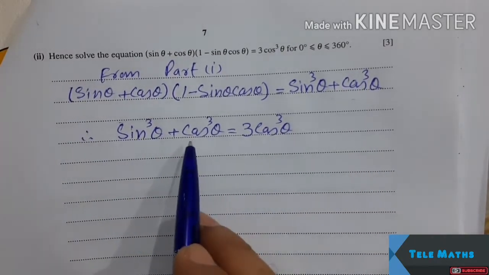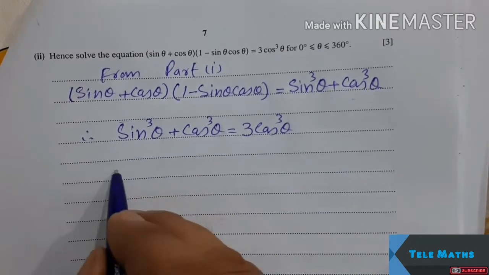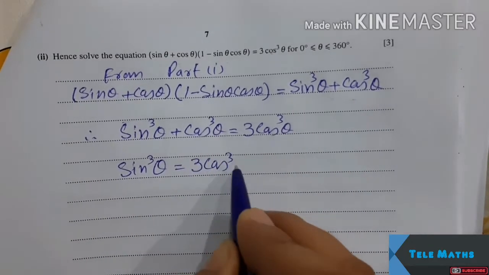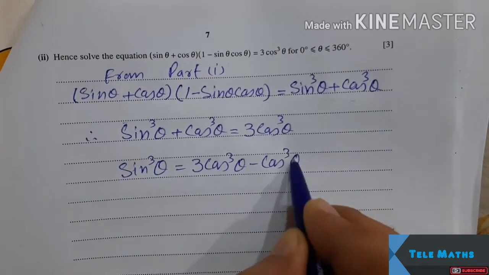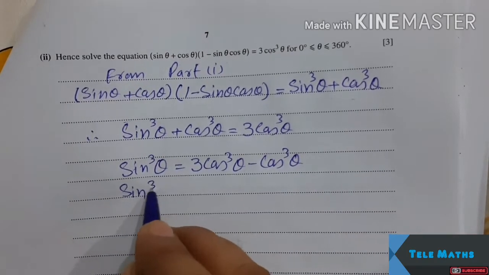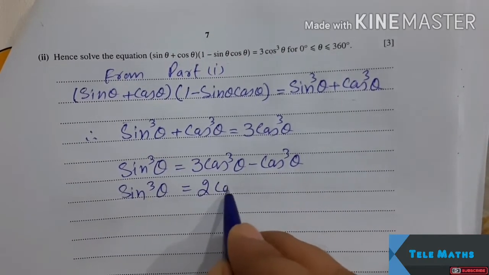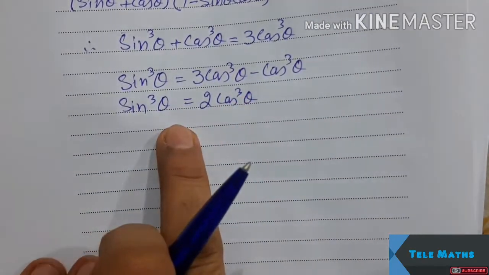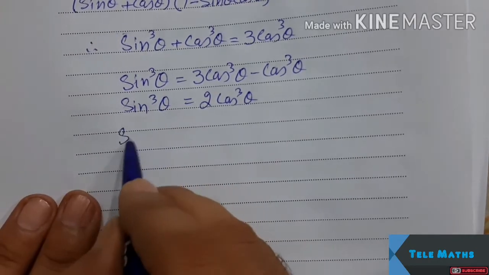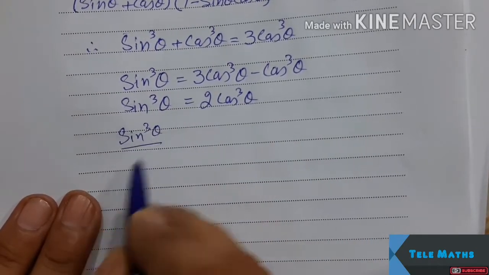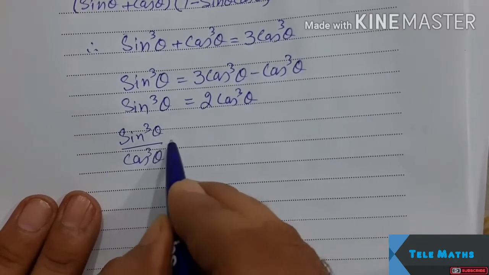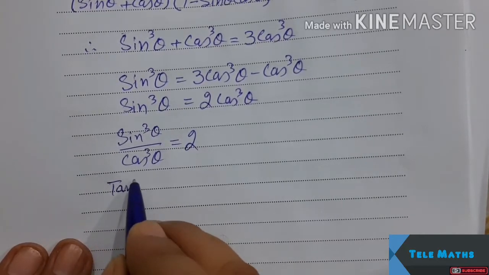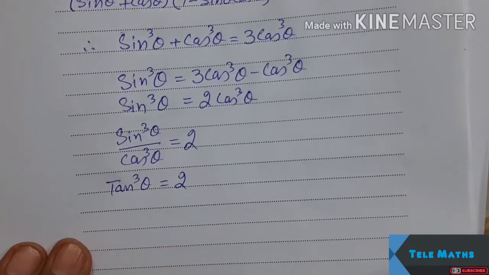Now take cos cube theta on the other side. It will become sine cube theta is equal to 3 cos cube theta minus cos cube theta, which is sine cube theta is equal to 2 cos cube theta. Bring cos cube theta on the left side. It will become sine cube theta over cos cube theta is equal to 2, which will become tan cube theta is equal to 2.